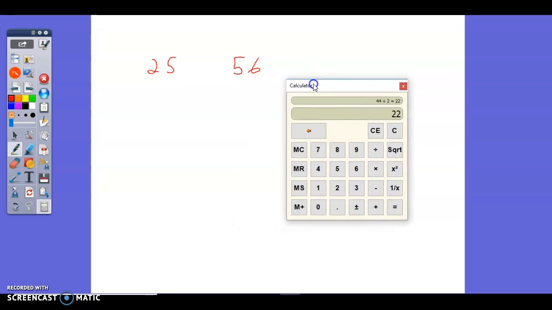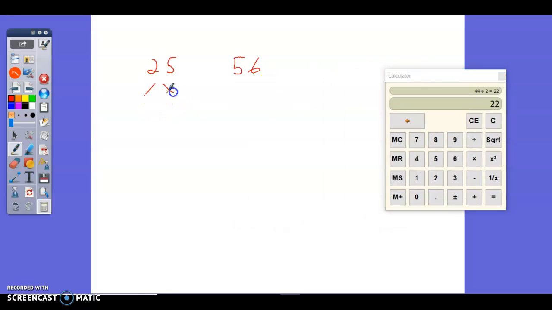Now 25 is not an even number, so I might start with 3. 25 divided by 3, nope, that doesn't work. I'll go to my next odd number, which will be 5. Of course, we know that it is 5 times 5. So the prime factorization of 25 is 5 times 5.